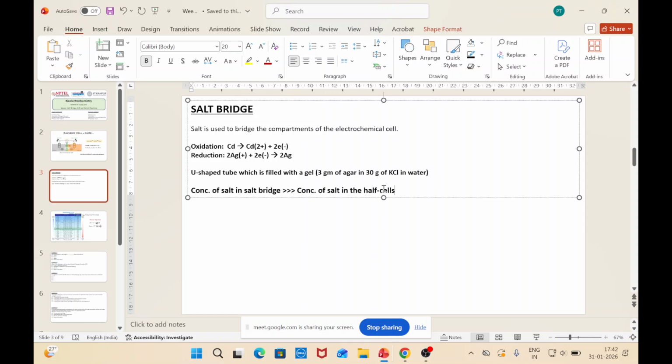Yes, anyone? What will happen if I keep a salt bridge which has a concentration that is very similar or equal to or even less than the concentration of the salt in each of the half cells?